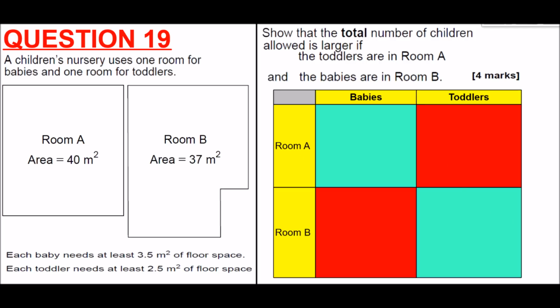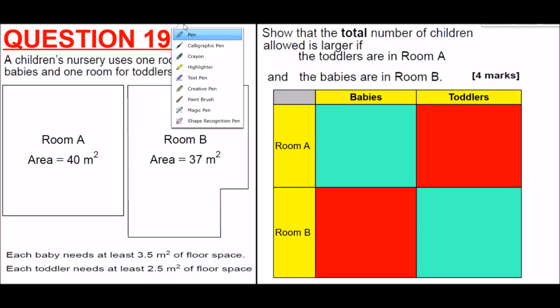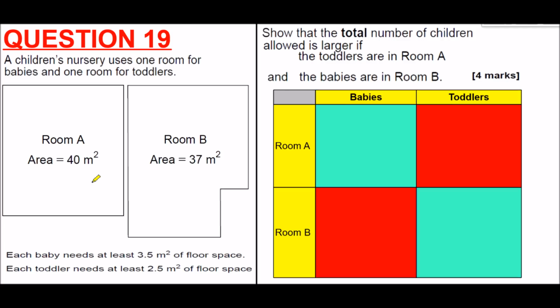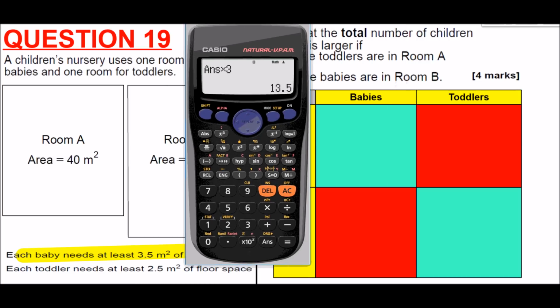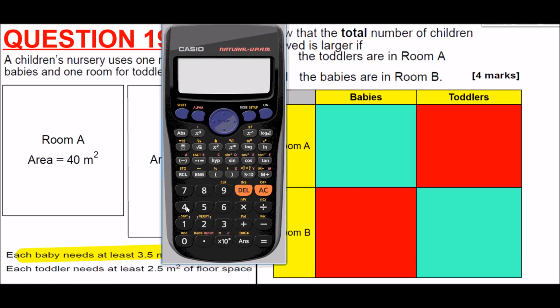And so what if the babies were in room A? So let's just think about the babies for a second. It says each baby needs at least 3.5 square meters of floor space. And so if the babies are in A, then the total number of babies allowed would be the total space in room A, which is 40, divided by the space needed for each baby.